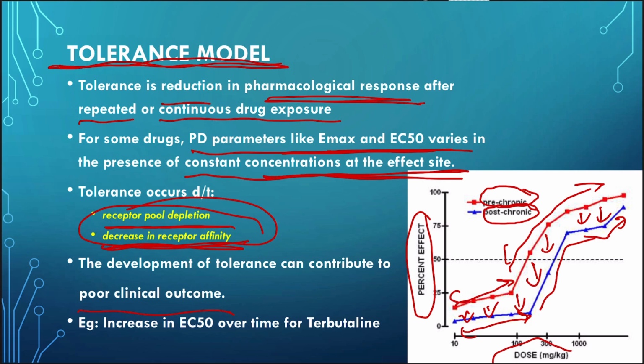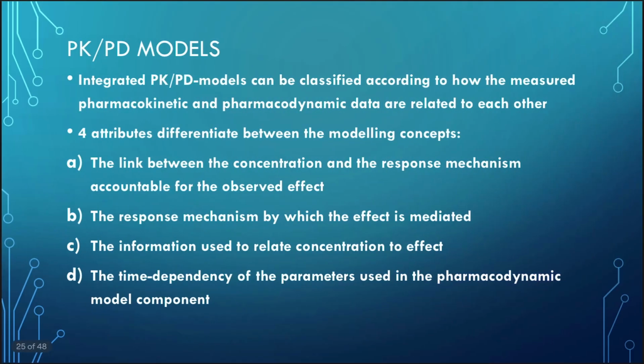This produces a decreased effect, which is not sufficient to provide the beneficial effect to the person. So this can lead to poor clinical outcome. One such example is the increase in EC50, the concentration producing half of the maximum effect, over time for terbutaline.